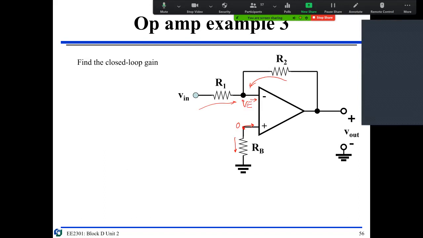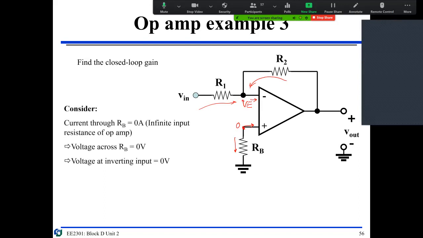Virtual earth. So these are the reasoning. Voltage across the RB is 0 because no current. Voltage at the inverting input is 0. So therefore, A is minus R2. So again, this RB didn't play a role.